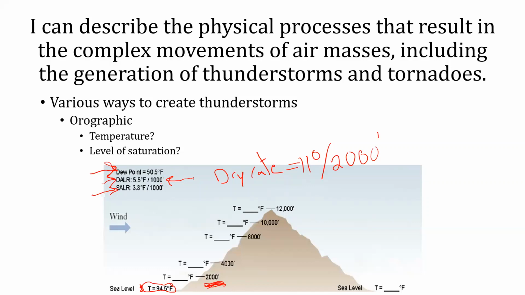Because instead of moving up 1,000 feet, I'm moving up 2,000 feet, so that's going to be 11 degrees each time. So that makes this 83.5. All right, I'm still higher than my dew point. Okay, so subtract another 11, 72.5, 61.5, 50.5. Okay, this is the dew point temperature.